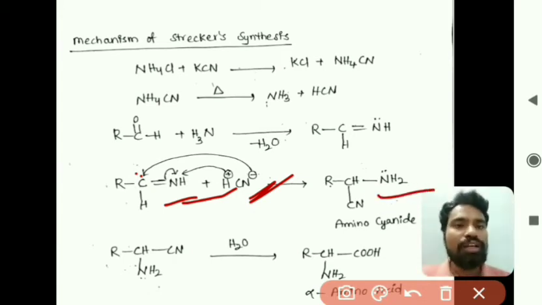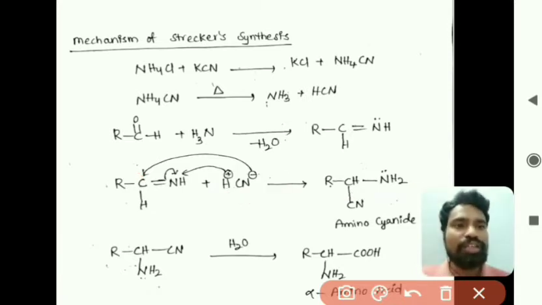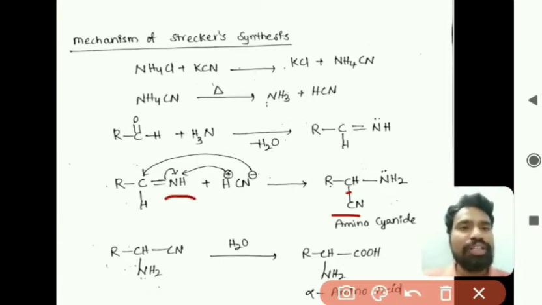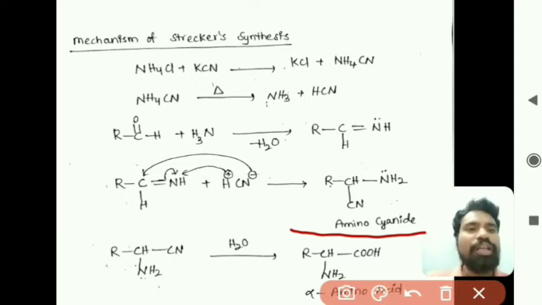So here RCH has the carbon attached to cyanide, and the =NH becomes NH2 by taking the H+ proton from the HCN. In this step we get an amino cyanide as the product.